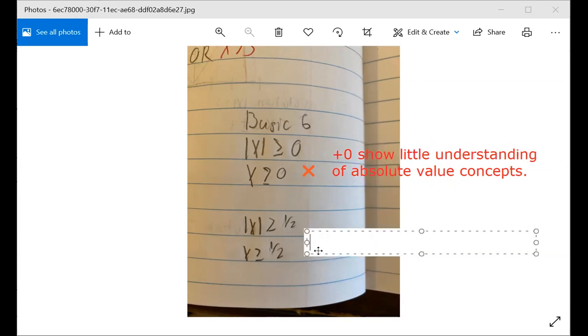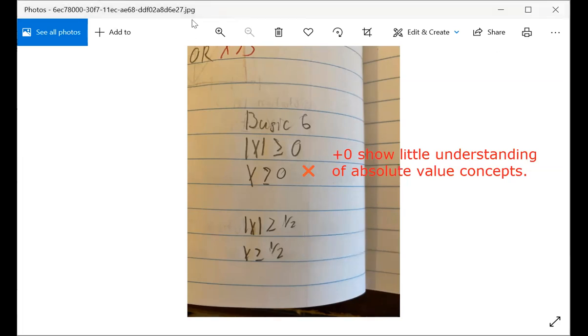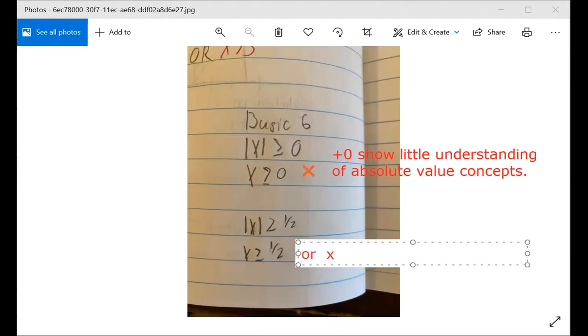The next one, you only show part of the solution. So you may get half the points designated for the question, or you may not, you may get less than half. So it depends. Now, what is missing? What is missing is the other part, x less than or equal to -1/2. That part is missing.